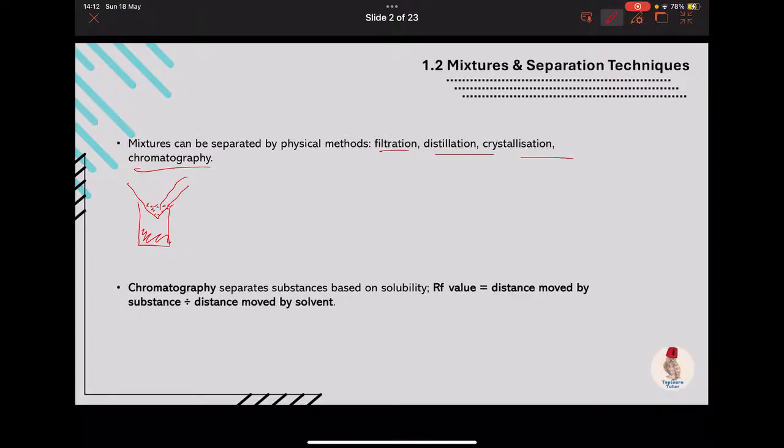Then we have distillation. Distillation uses the different boiling points of different compounds to separate them, and in paper 2, fractional distillation is a similar process. So you'll heat the sample in a round bottom flask. If you have two solutions together, the one with the lower boiling point will boil at a lower temperature and rise towards the top.